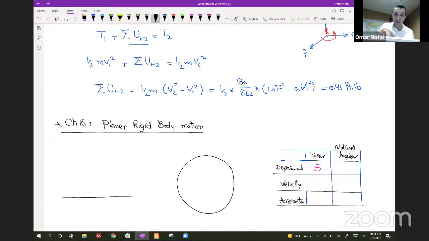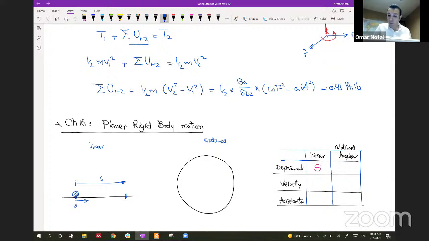So this is the linear, this is the rotational, and this is linear. For the linear, we have our body here, and this body moves this way until it gets here. So it starts from point O and moves until it gets to distance S. So we call it S.